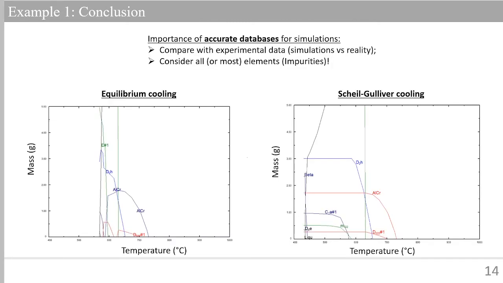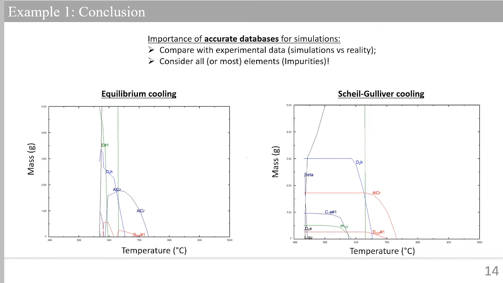So in conclusion, for the first example, what we did is do a series of cooling calculations on a specific alloy, and this really highlights the importance of having accurate databases for simulations, because after all, this is a prediction of what we expect of the behavior in solidification.